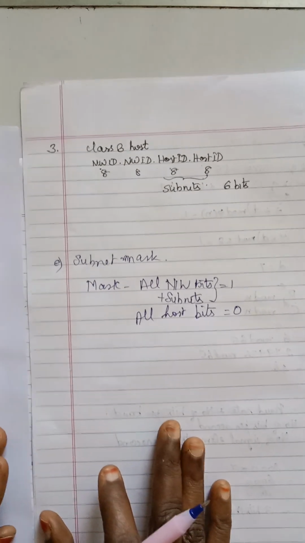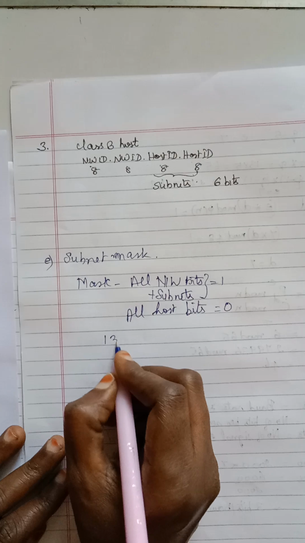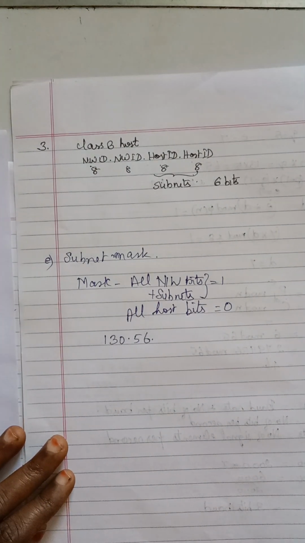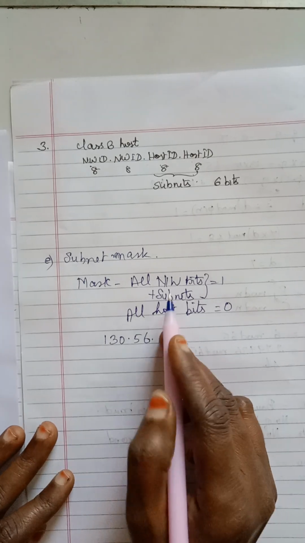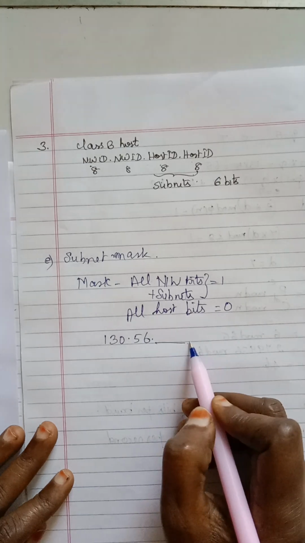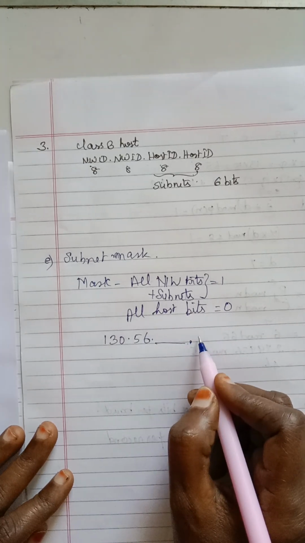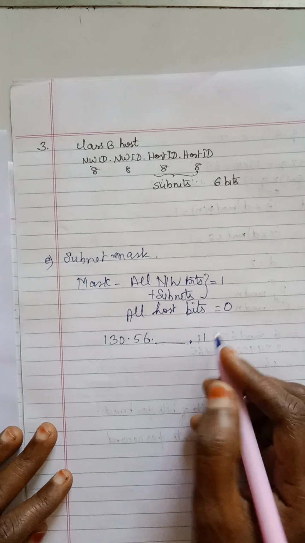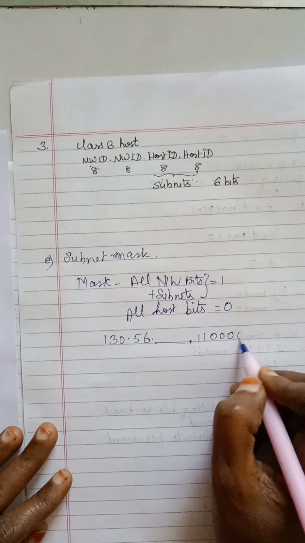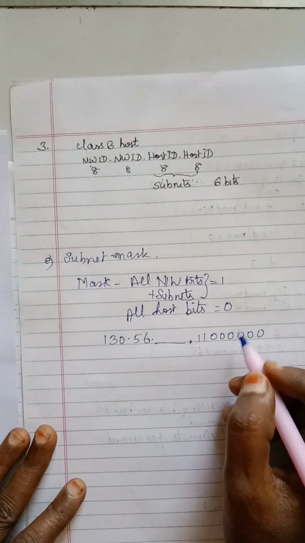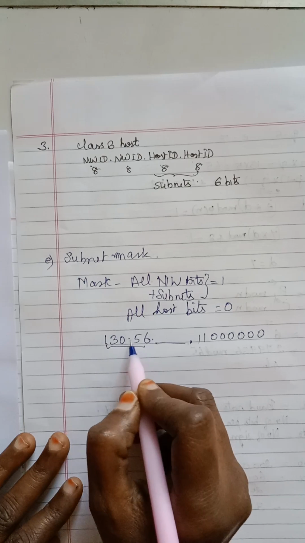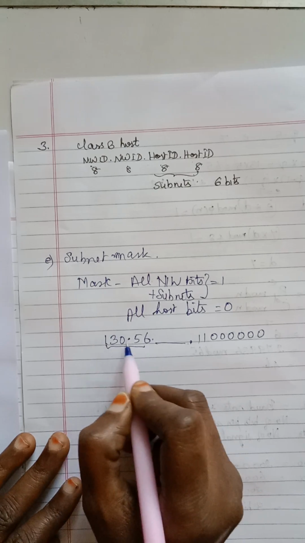So here, for this value 130.56 dot, now see this one, this is 8 bits, subnet bits only. So this will become 1, and all the network bits will be 1 1 1 1, then there are the subnet bits, and then all the host bits will be 0. So 1 2 3 4 5 6, this value I found out. These also will be ones. It will not be 130.56, it will be 255.